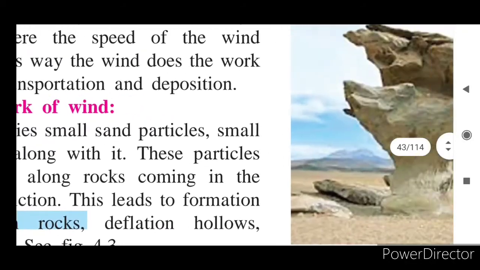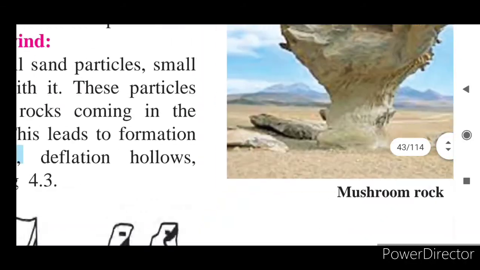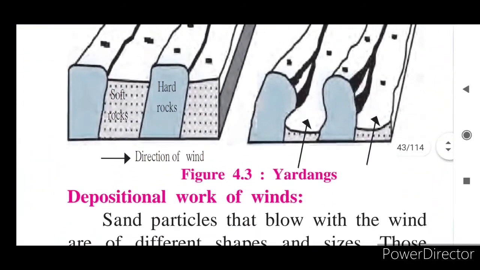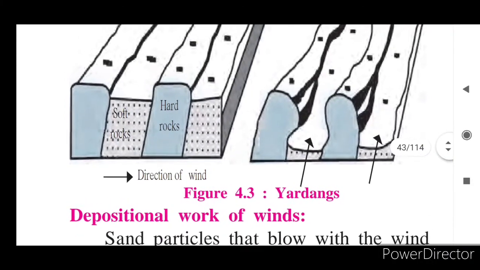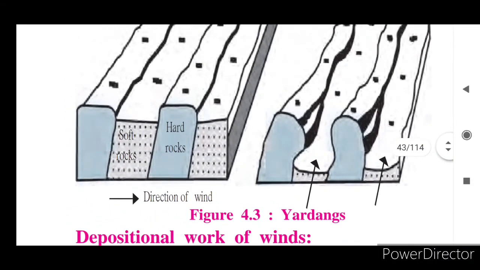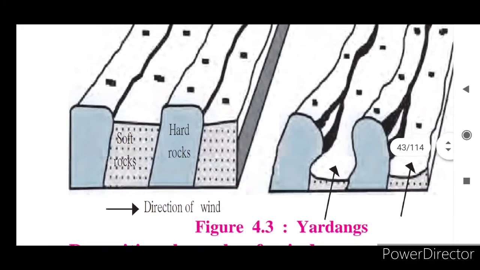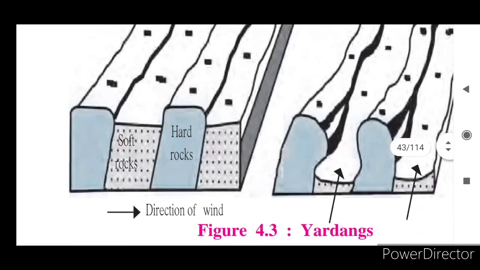See figure 4.3. First we will see here figure 4.3 where it is. See. So what is said, yardangs, how they are formed. See here the grey color that is showing the hard rock, and here the black and white dots are the soft rock. The soft rock gets affected first.